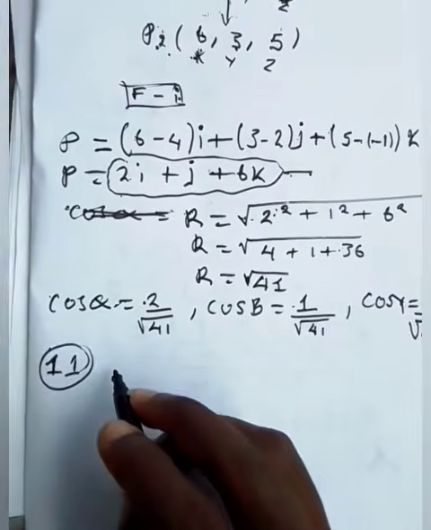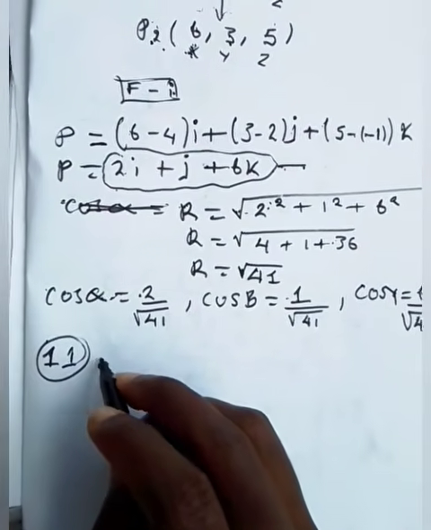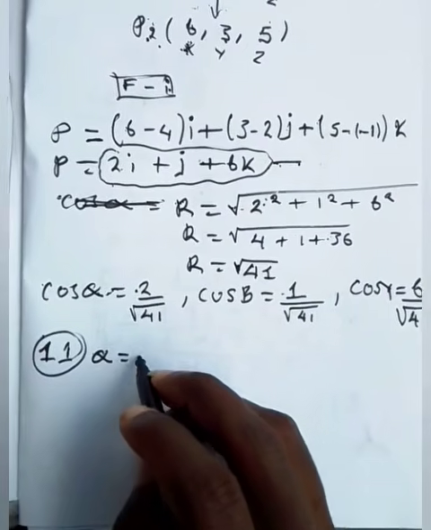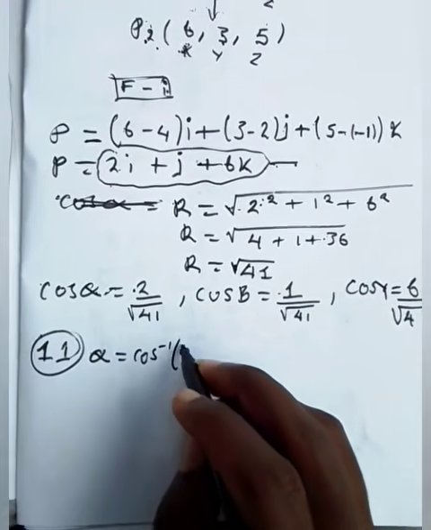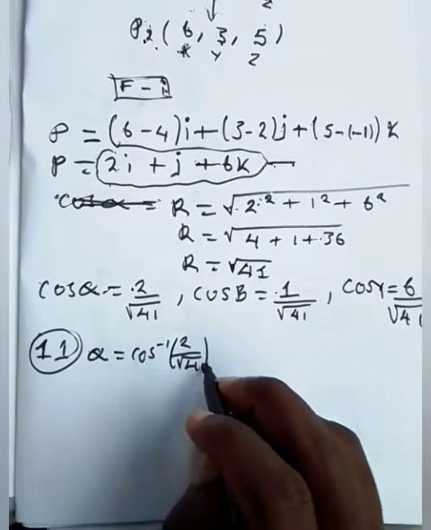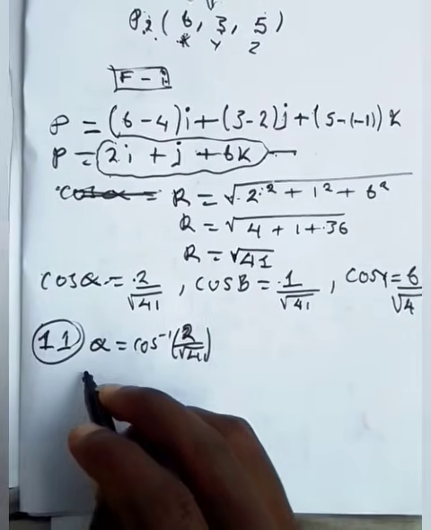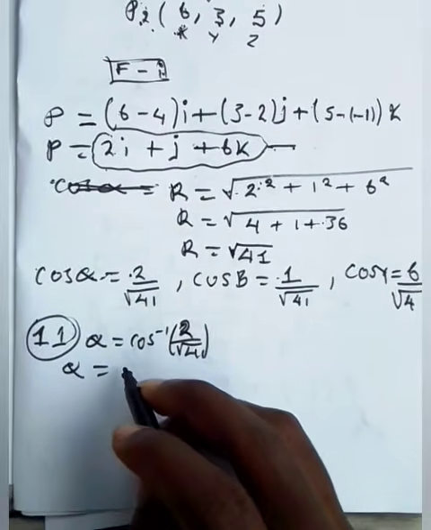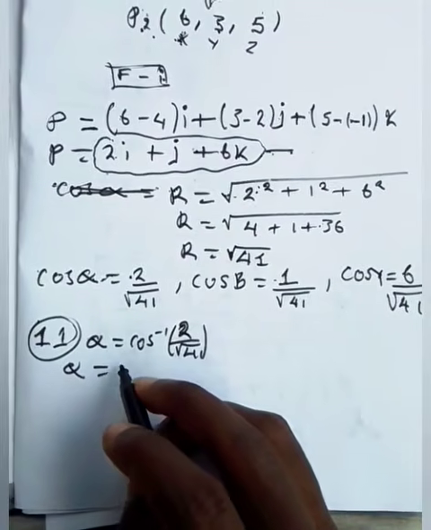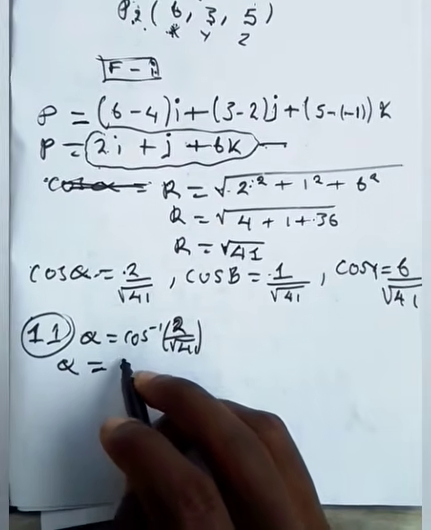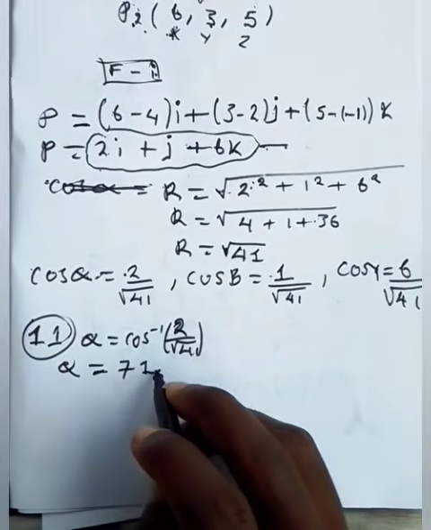So now you're just going to make alpha the subject of the formula, and alpha is equal to cos inverse of 2 over square root of 41. So the angle alpha, when you punch it on the calculator, is going to be equal to 71.8 degrees.